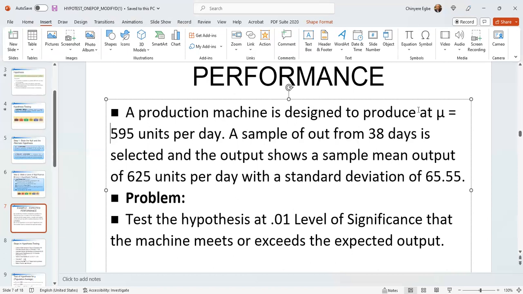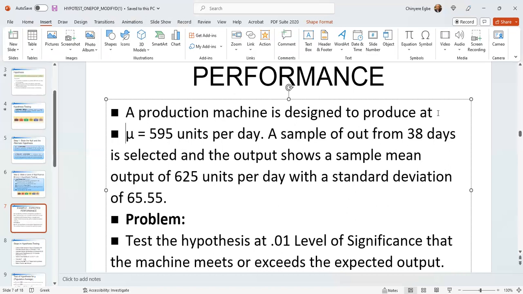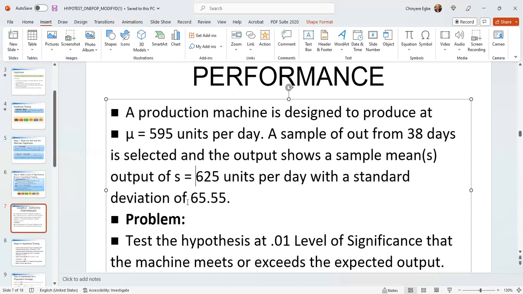So our test hypothesis is to produce at a mean of 595 per day. That is the population mean. We're saying the population mean should be 595 per day. But now we take a sample mean, output equals 625. Sorry, this is X bar, the sample mean.